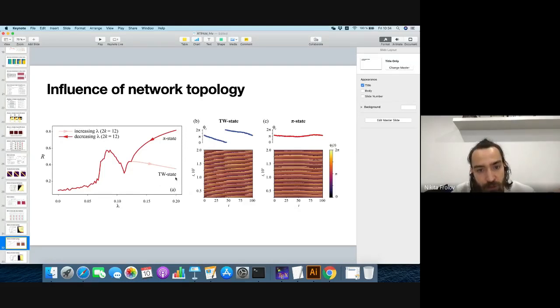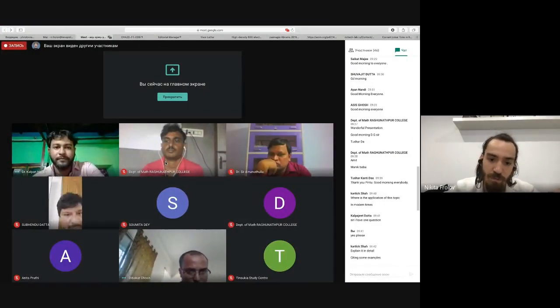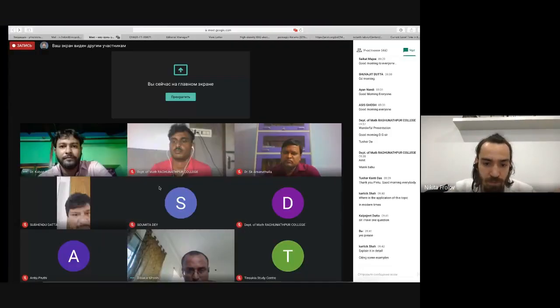To settle on the traveling wave solution, we have to choose very explicitly the drifting initial phase distribution. But if we set the random phase distribution, this network will settle on the pi state, which is globally much more stable with respect to the traveling wave solution. However, we didn't observe the traveling wave in the other cases, just in the case of small number of non-local neighbors.